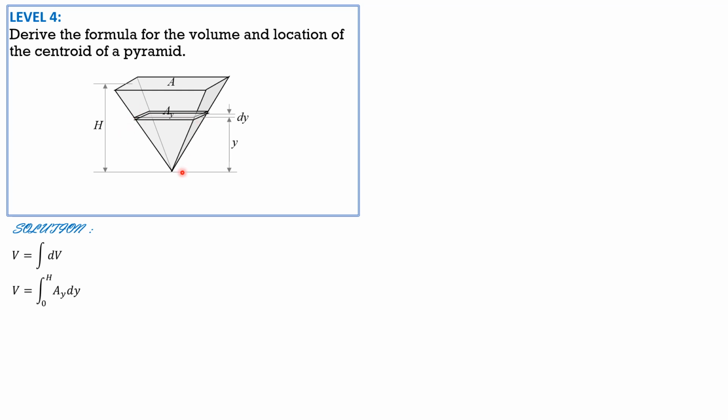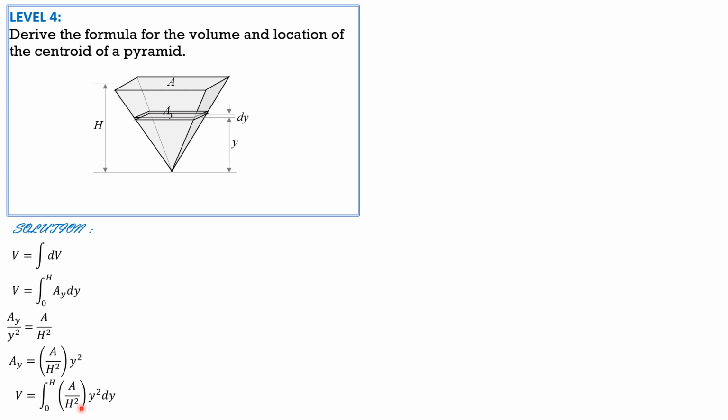Because this solid here, which is a pyramid, is similar to that big pyramid, area y is to the square of y, y square, as area is to big H square. So that means area y is area over H square times y square. So volume therefore equals the integral from 0 to H of area over H square times y square dy.